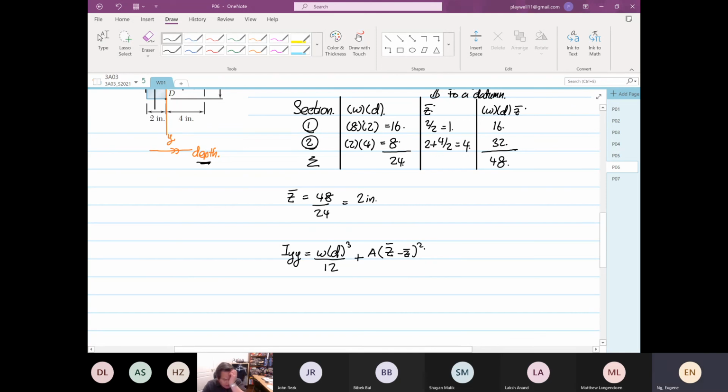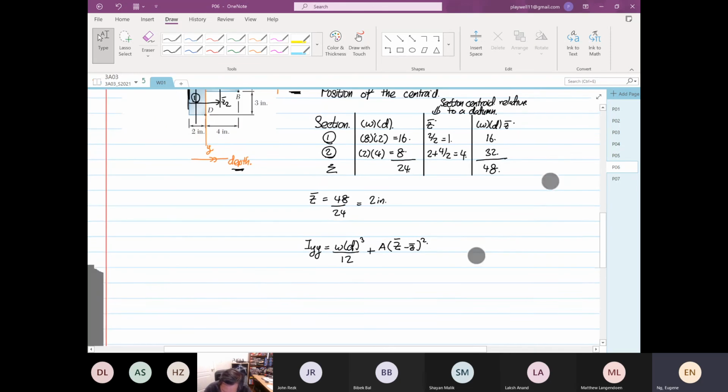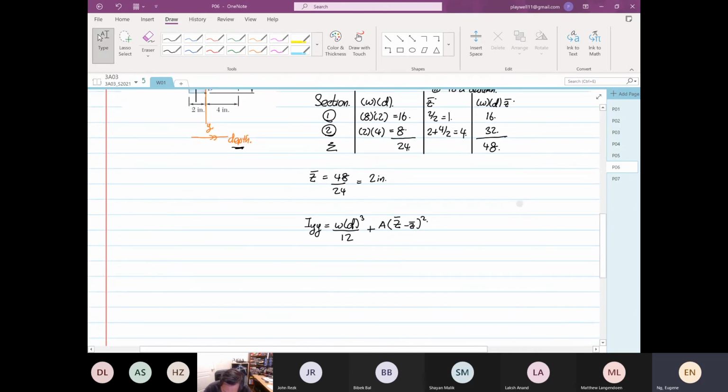Okay. So now this is why I like to label. Now I'm not looking at the figure, but I can still work this out because of the way I arrange the numbers, or the table, this table. So how we arrange this table helps in calculating your IYY.